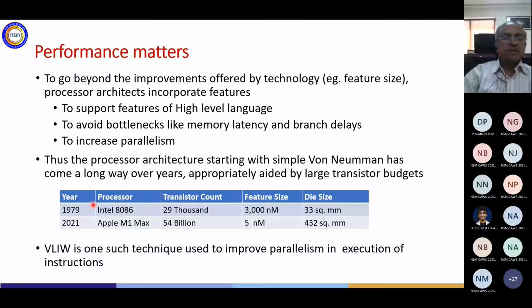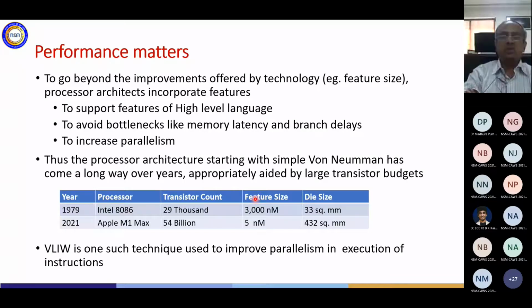Like the first member of the Intel x86 family came in 1979. So it has a modest 29,000 transistors. The feature size. So what is a feature size? That's the thinnest line one can draw on silicon.